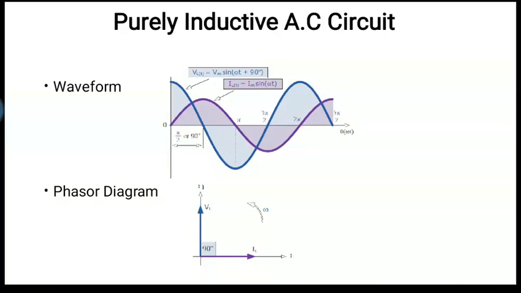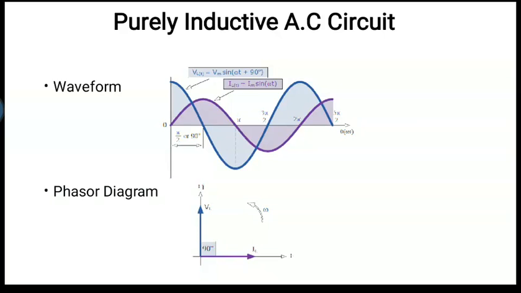Now let us go for the phasor diagram. We have drawn the voltage, current, and the phase difference, that is 90 degree, right? Who is leading? Voltage is leading, current is lagging, right? So just remember only one parameter. Here current is lagging.